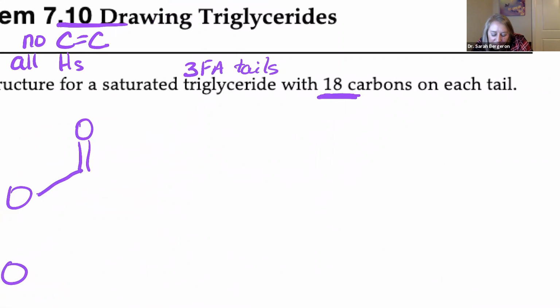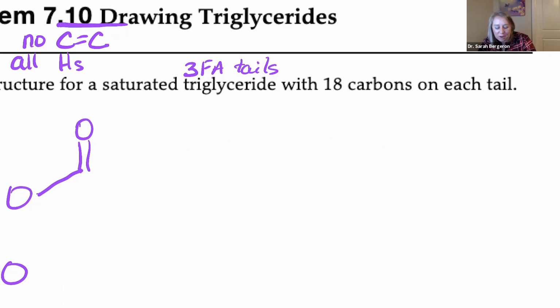So your carbonyl carbon does count as a carbon. So when you're counting by drawing, you need to do that. But what you have to remember is that when you're really counting carbons, the carbon that's farthest from the carbonyl carbon is really carbon number 1. So we're going to draw it from the glycerol end, but we'll have to go back and number it differently.